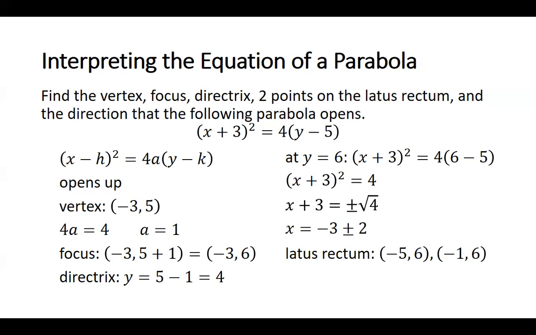Now we have all these pieces. We have the vertex at -3, 5, the focus at -3, 6, the directrix at y equal to 4, 2 points on the latus rectum, -5, 6 and -1, 6, and we know that the parabola opens up.